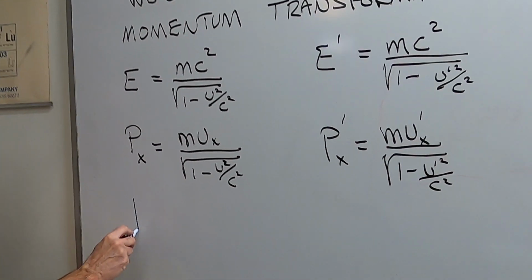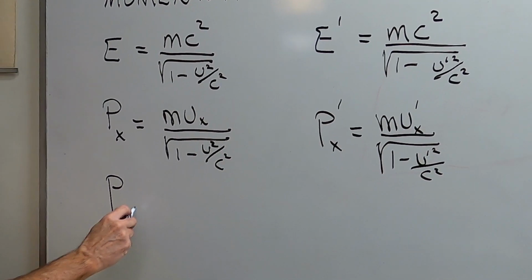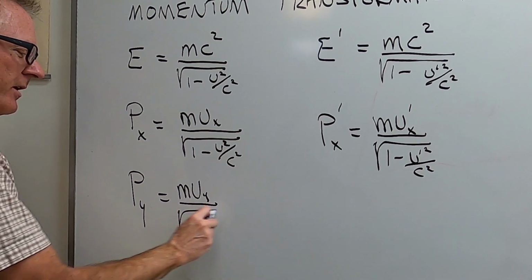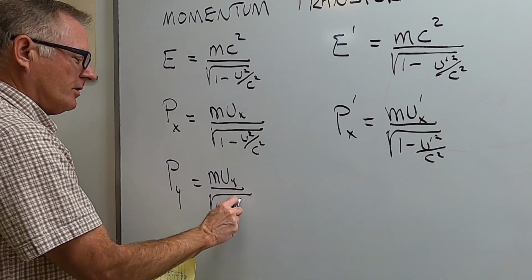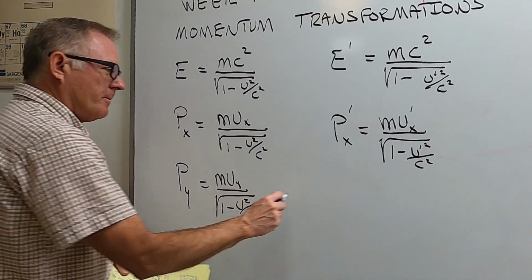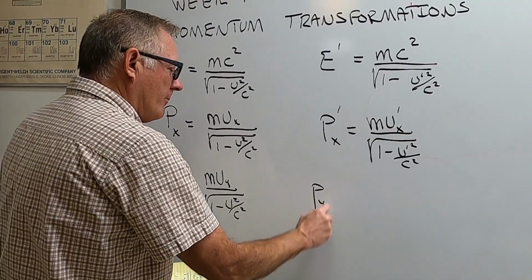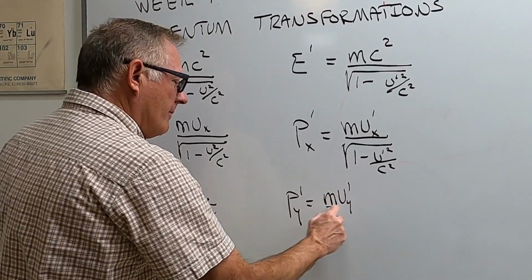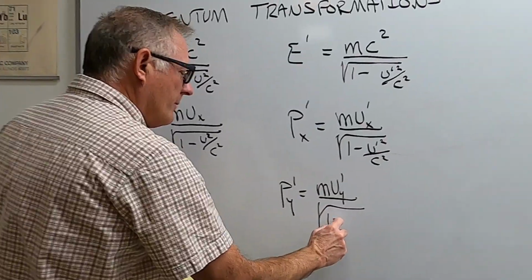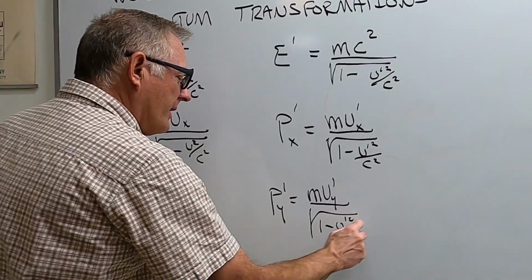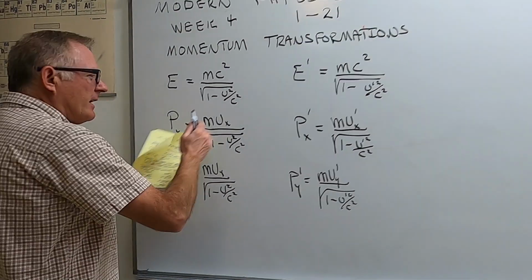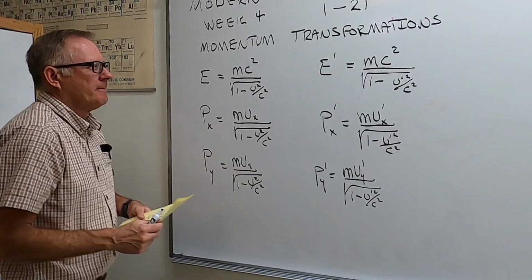And we might as well look at the y. Py is muy all over the square root of 1 minus u squared over c squared. And py prime was muy prime all over the square root of 1 minus u prime squared over c squared. Okay, we want to know how do these transform into these right here.